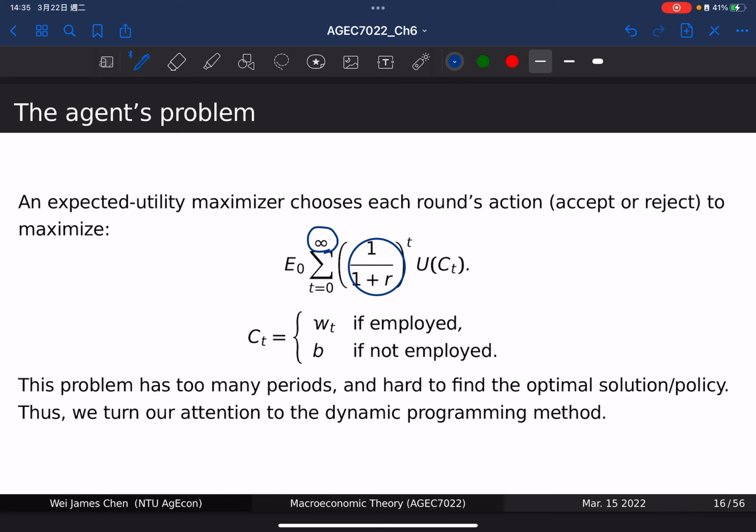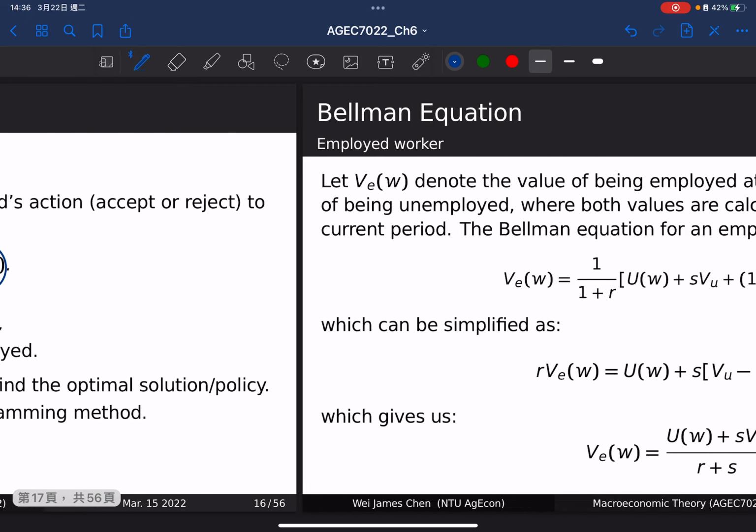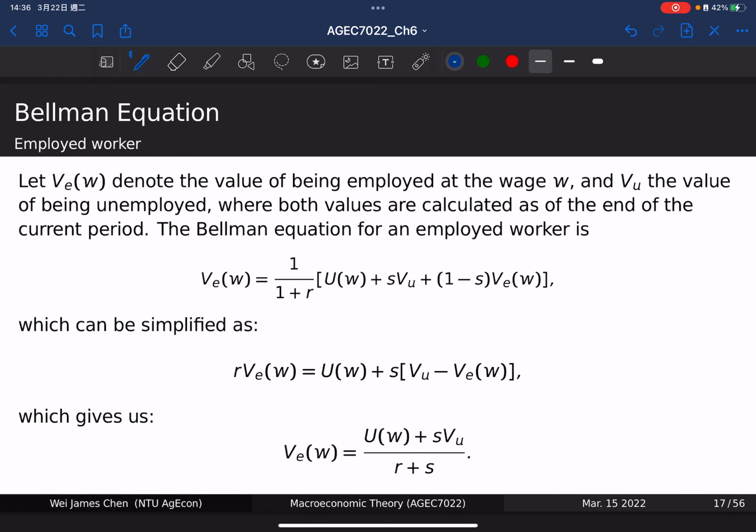Each period's utility is based on the consumption in that period, and the consumption is either W_t, the wage in period t, or the unemployment insurance benefit B. But like we said last time, this utility function is too complicated because it has an infinite number of periods. So what do we do? We turn it into a Bellman equation, a dynamic programming problem.